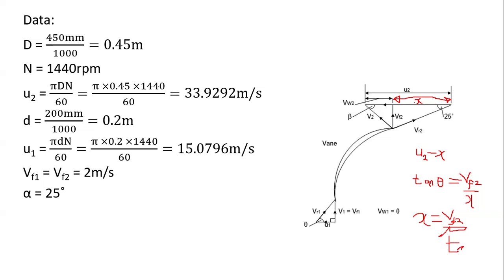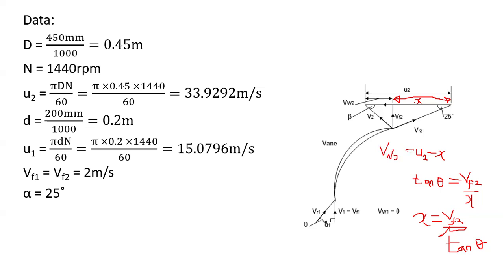Everything divided by tan theta. Now, look at where we're coming from. If you check what I have here, it's VF2 over tan theta, meaning that if I come back to this, in this case, what I was actually looking for was VW2.